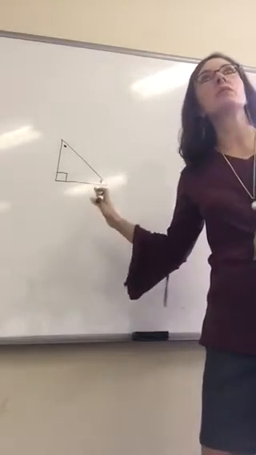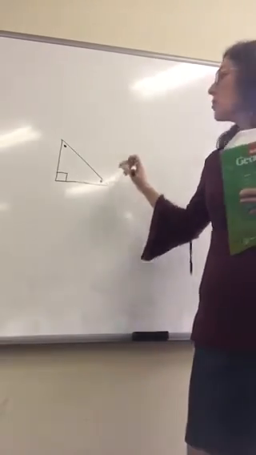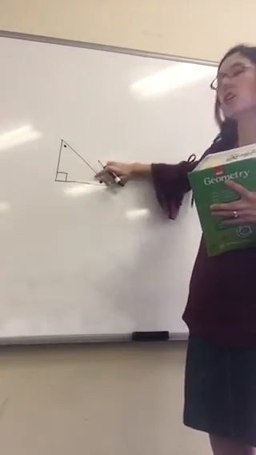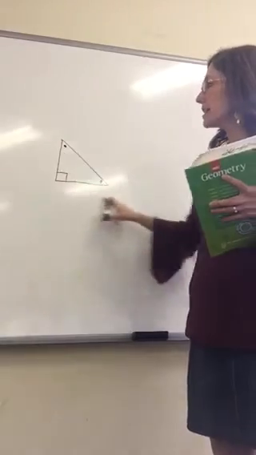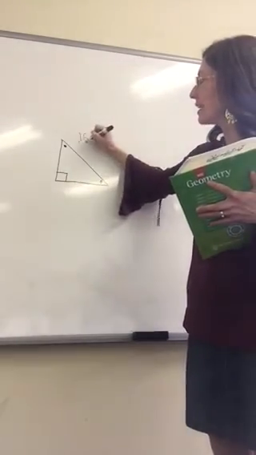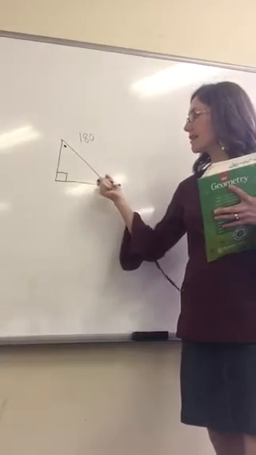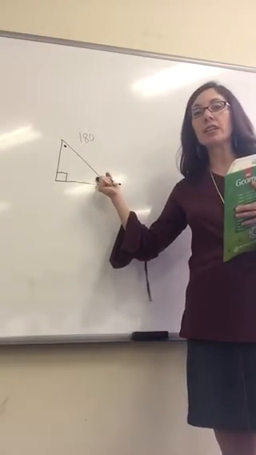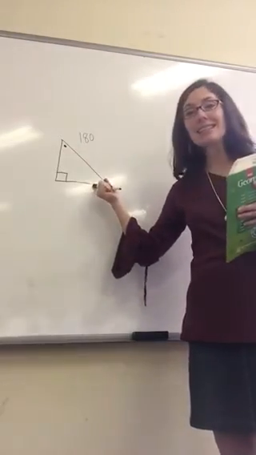Or, actually, that's not what we talked about in the lesson. Let me go backwards on that for just a second. What we learned is that they both have to be acute, because if this is 90, and if all three of these add up to 180, then all that's left to be shared between this angle and this angle is another 90 degrees. So whatever these are, they've each got to be less than 90.